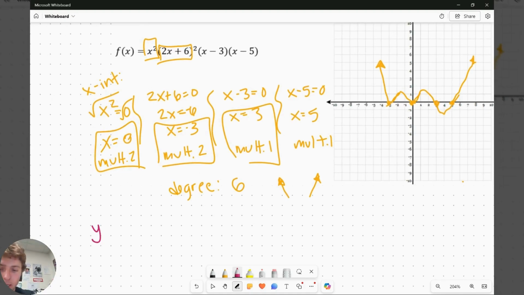In this case, I didn't necessarily need to find the y-intercept. The reason I didn't need to find it is because we knew it was at the origin. But if you do need to find it, that can be done pretty easily because the y-intercept is always when x equals 0.